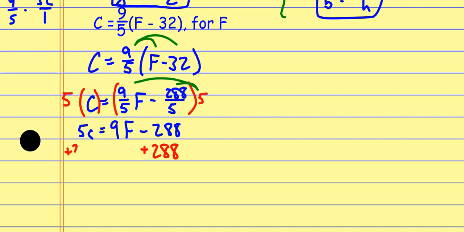And the big difference between this and other equations is when I look at 5C plus 288, I can't simplify that. I have to leave it in literal terms and say, oh, that's 5C plus 288. That's what it literally says, so that's what I write down. And now to undo multiplying by 9, I divide each side by 9.